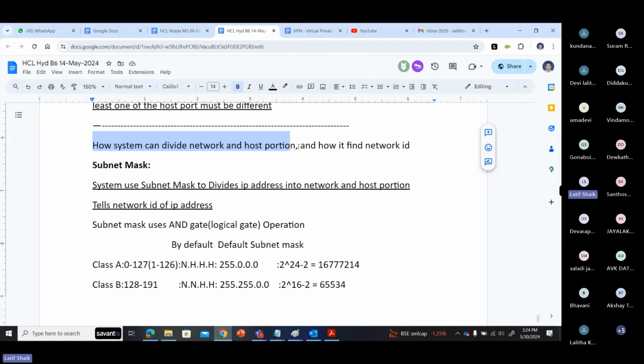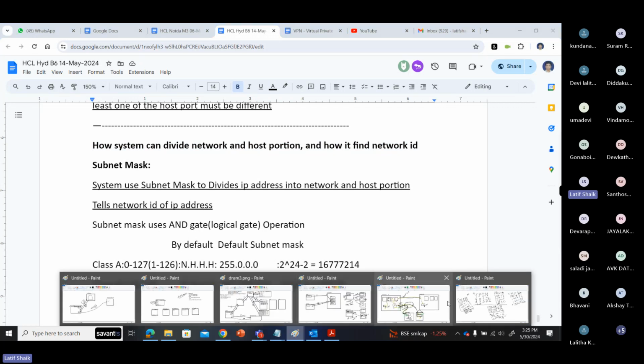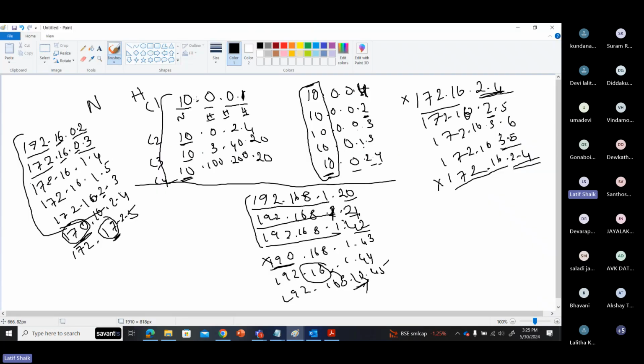How can the system divide the network and host portion? How to find a network ID? This is how the system can find the network portion and host. We understand from the given information: check whether it is class A or class B or class C. If it is class C, this is the network portion, and the remaining is the host portion.